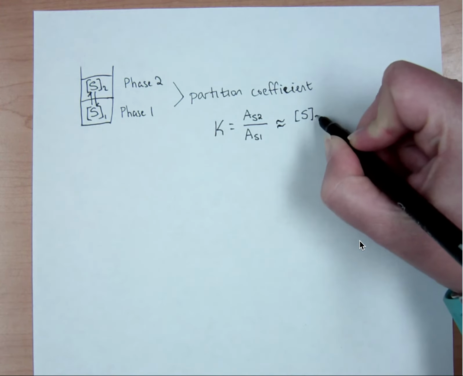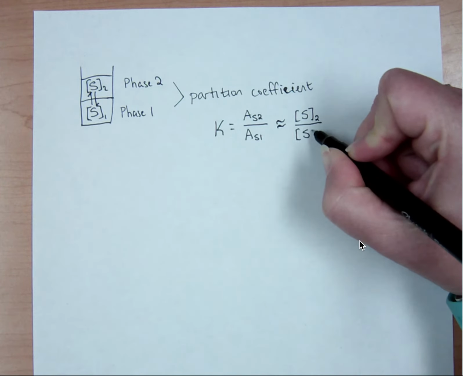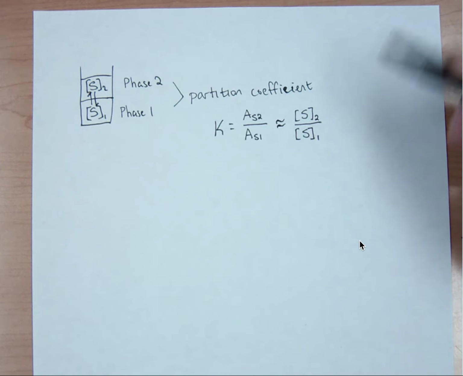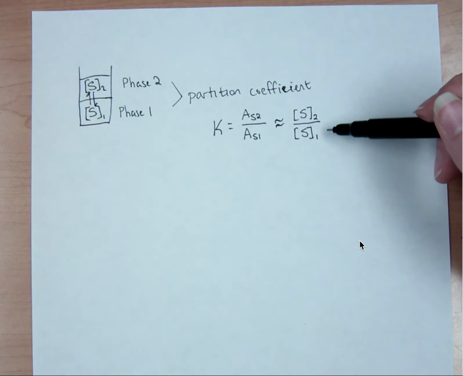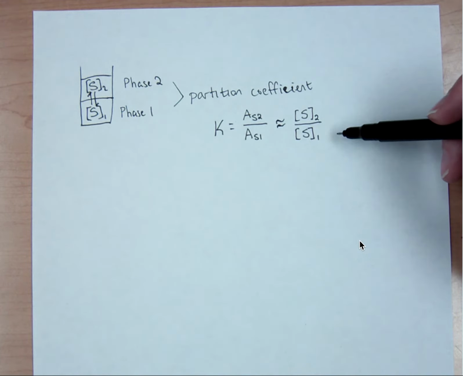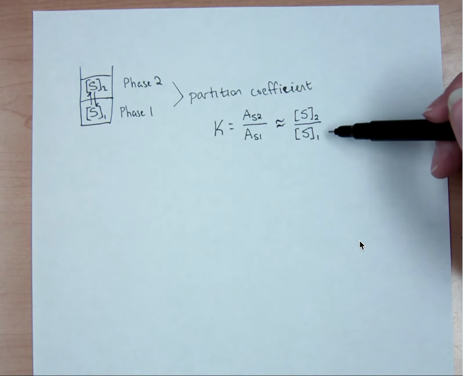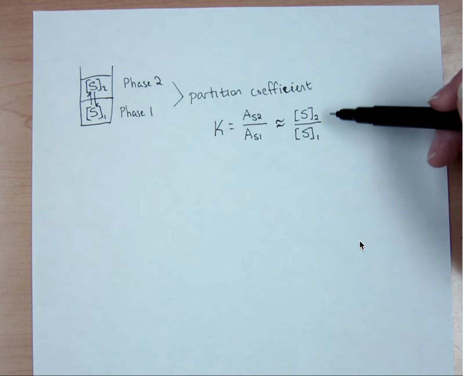Much like we would write in acid-base chemistry, here we're writing our partition coefficient using the concentrations in each of the two phases. So what this is describing is the relative preference for our analyte to be in phase 2 versus phase 1, realizing that this is actually in equilibrium.